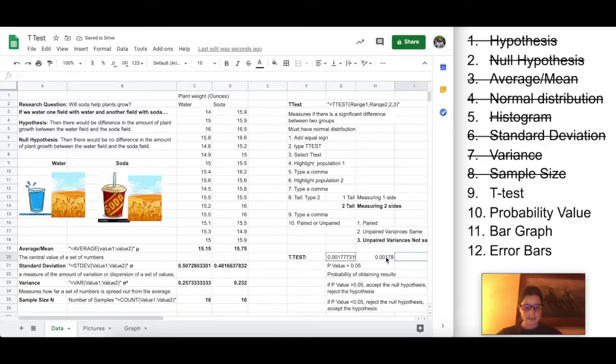This is less than 0.05, our probability value. Since it's less than 0.05, we're going to reject the null hypothesis. So we're going to reject this idea, and we're going to accept our hypothesis. We're going to accept that there is a difference in the amount of plant growth between the water field and the soda field.